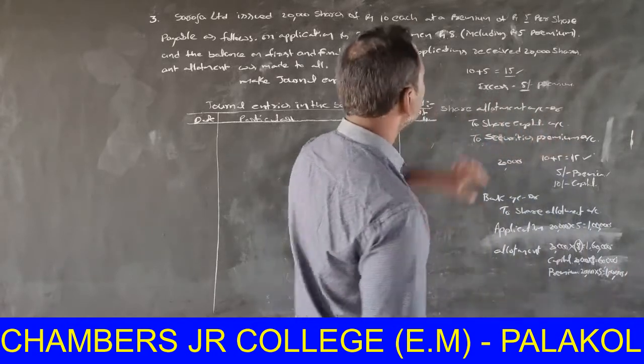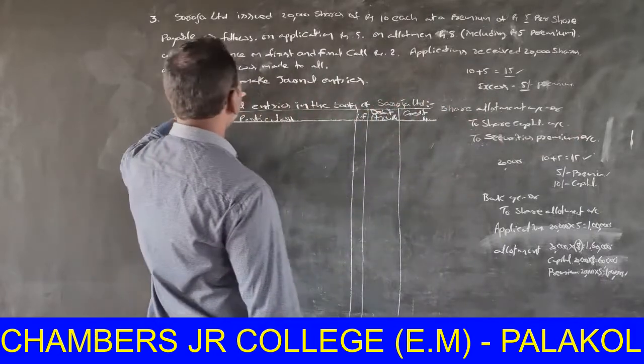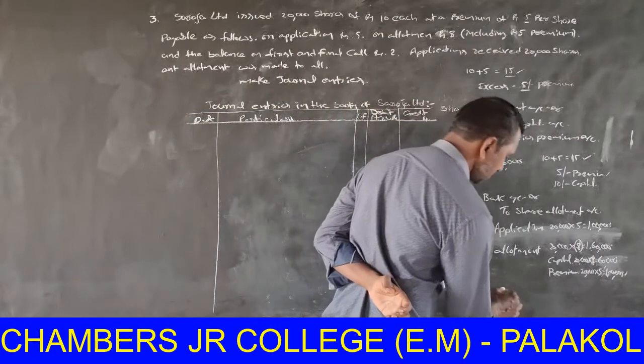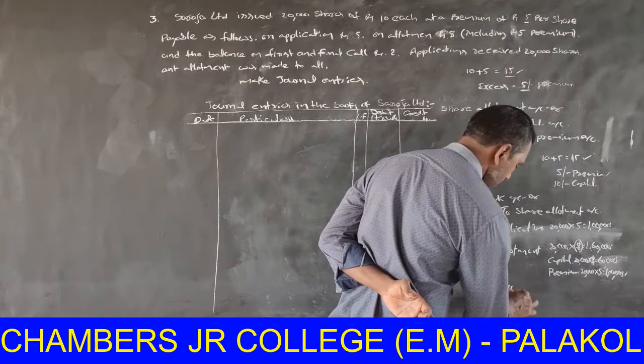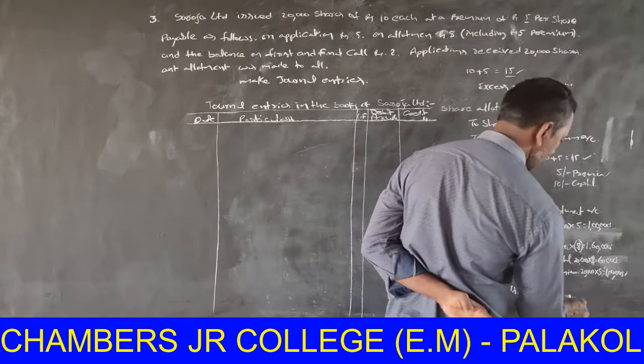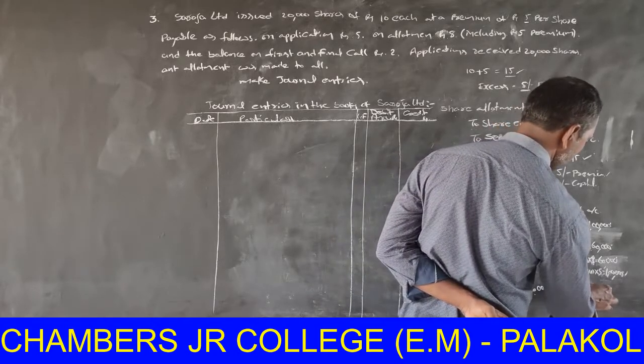And the balance on first and final call is rupees 2 on calls. 20,000 into 2 is equal to 40,000.